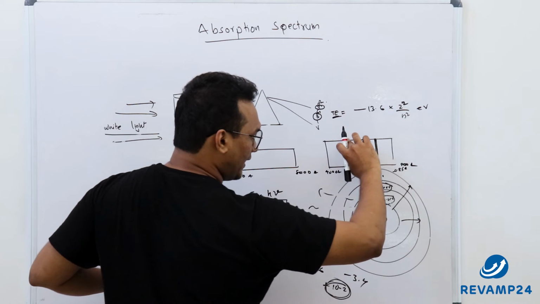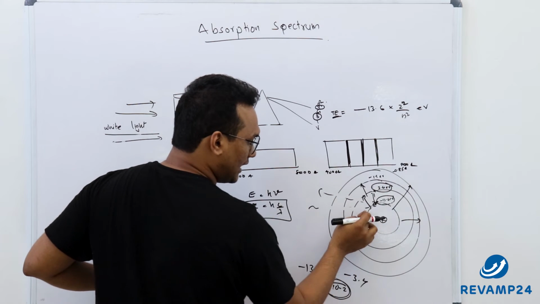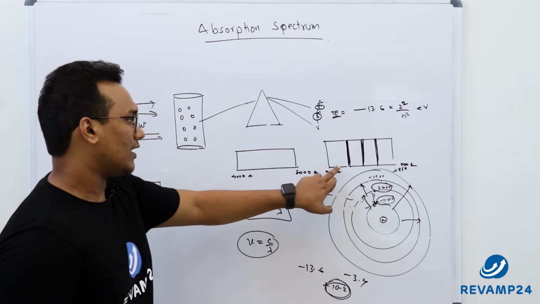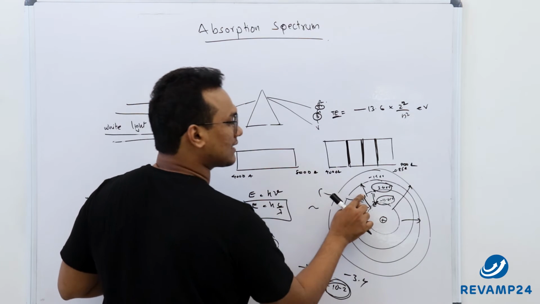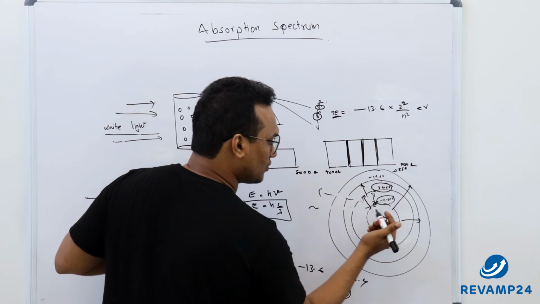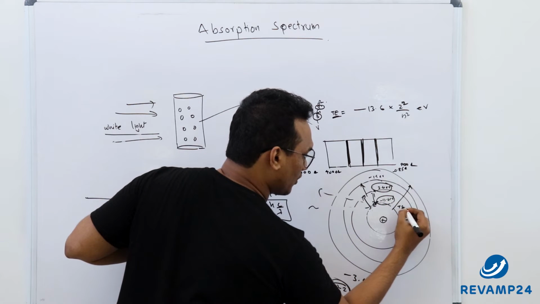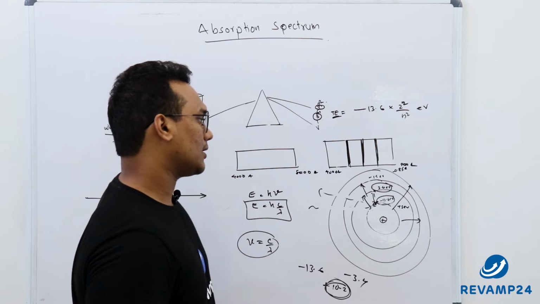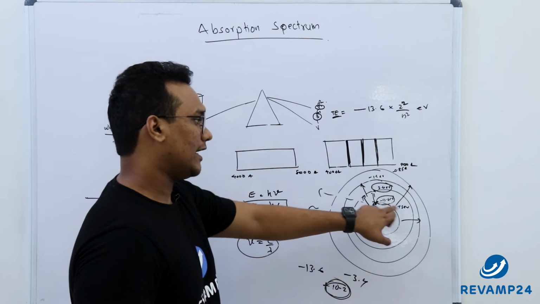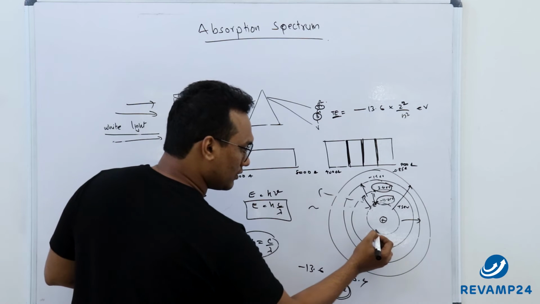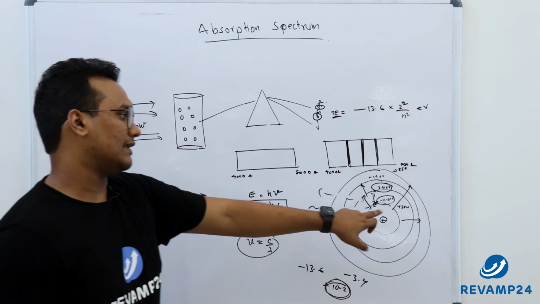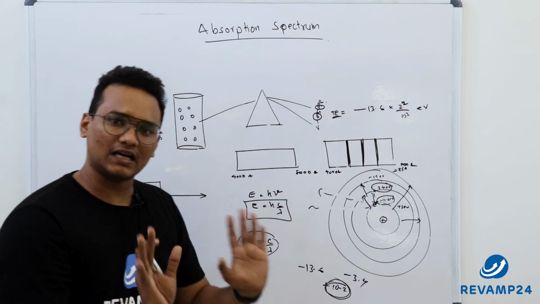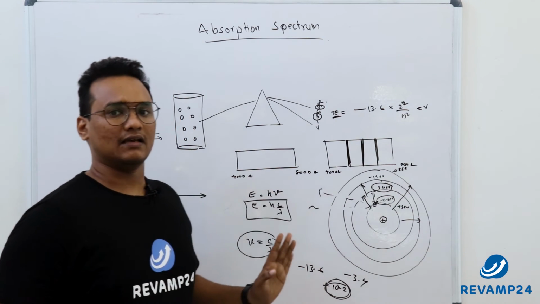By accepting this frequency, it was able to jump from 1 to 2. But in between these frequencies, whenever they accept energy, it can't exactly reach an orbit. Let's say in between these two, we provide 5 electron volts. Minus 13.6 plus 5 will become minus 8.6. But there is no orbit associated with an energy of minus 8.6. So it won't undergo any kind of excitation, and that kind of radiation will never be accepted.